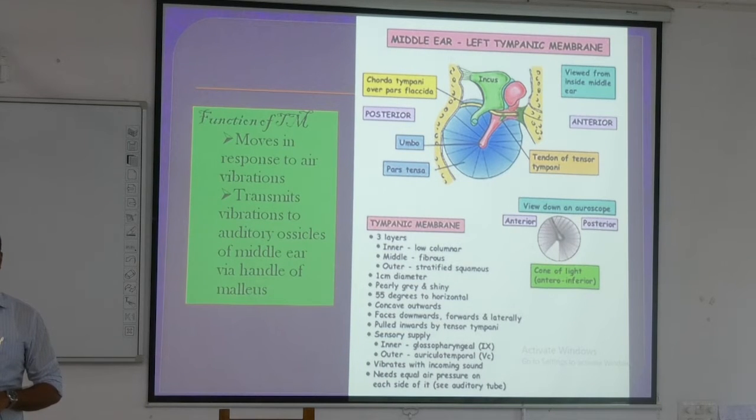Now, coming from the nerve supply to the blood supply. Once this tympanic membrane develops, it loses most of its blood supply. It becomes relatively avascular. That's why if you have a perforation or an injury which rips the tympanic membrane, it's hard to heal.